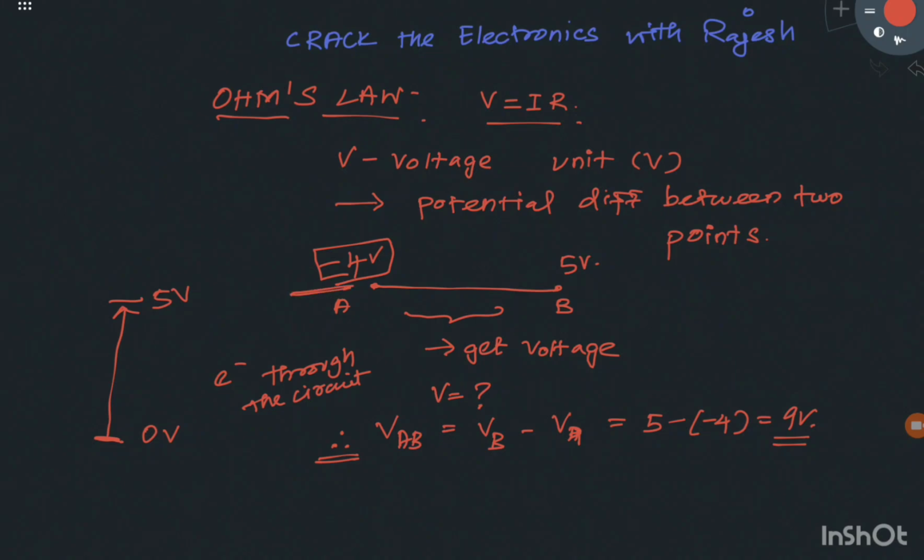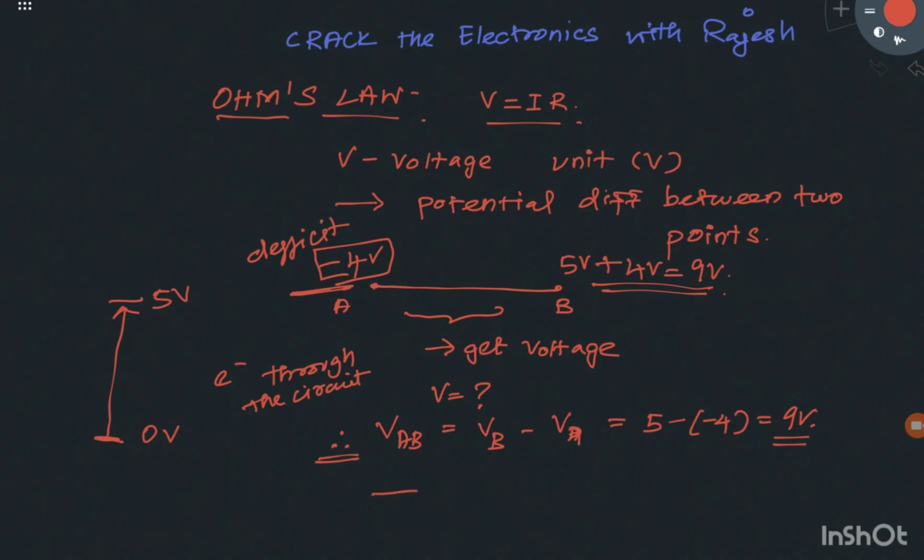The deficiency of 4 volt we are going to add, then it is going to be 9 volt. So always think of it as satisfying the deficiency of the voltage, so it will always come to 9 volt. Okay, now you guys are clear.